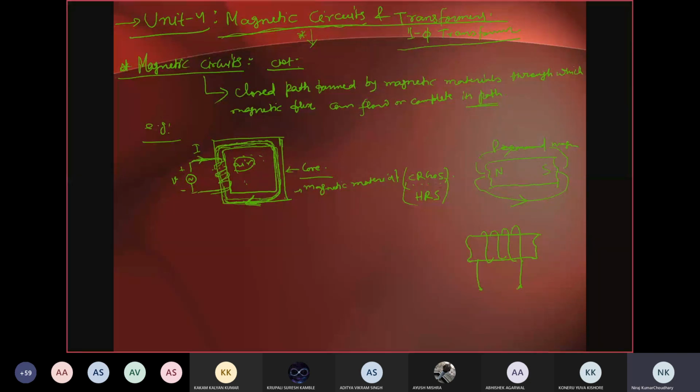So suppose here we have considered a voltage source due to which a current will start flowing through this coil. Now, depending upon the magnitude of this current, the strength of the magnet can be increased or decreased. If I increase it, your lines of force will be more. Stronger magnet you can obtain with the help of electromagnet condition.